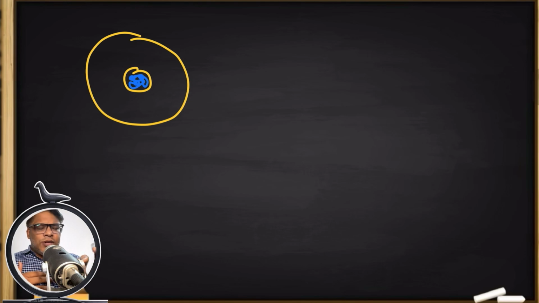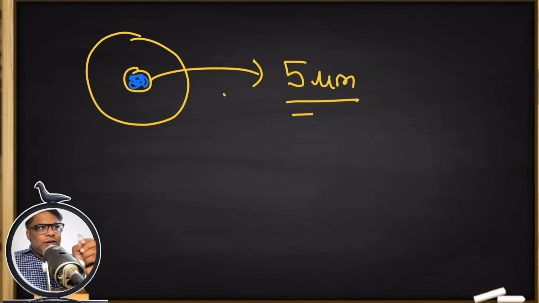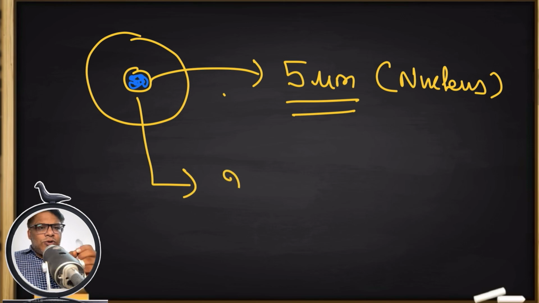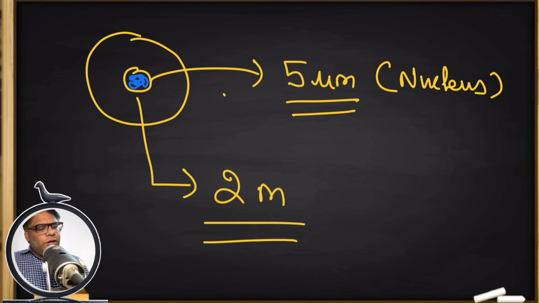You just need the total number of base pairs. Also, if you take any human cell, and hopefully you remember the diameter of the nucleus is 5 micrometer, within that 5 micrometer space the total length is 2 meters. So 2 meters of DNA has been packed within a tiny nucleus.